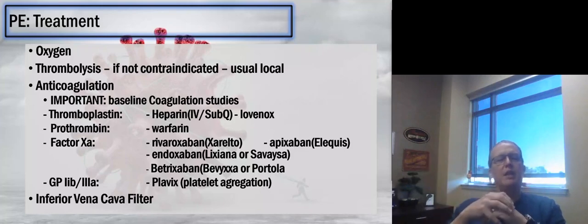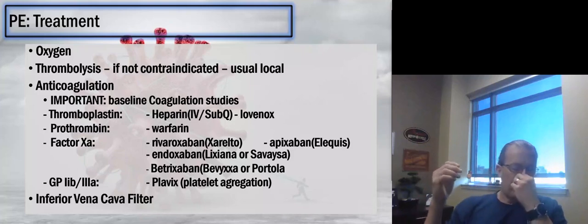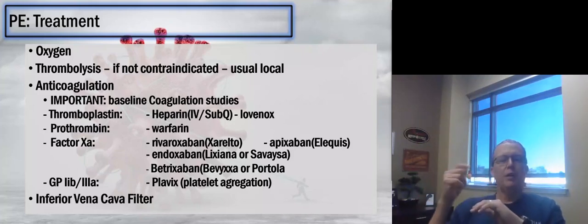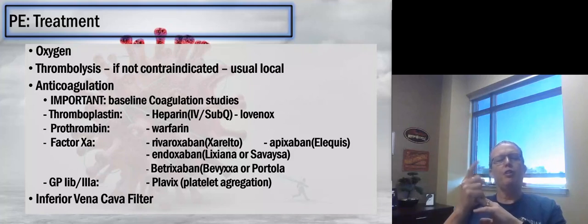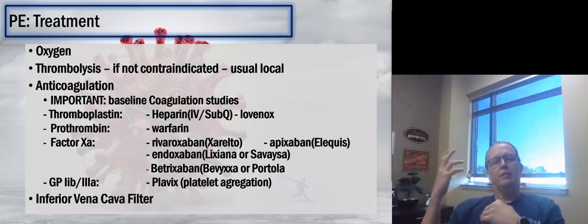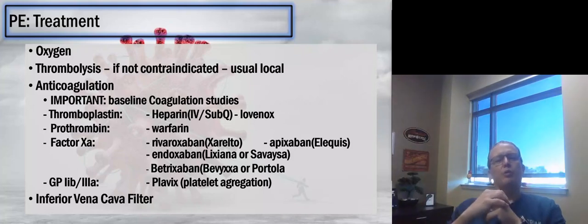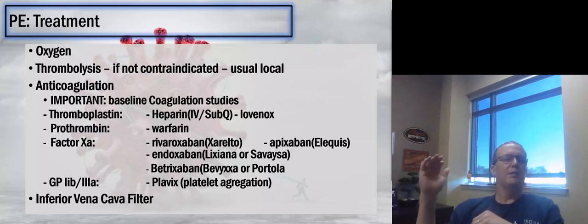And we'll measure anti-10A or 10A levels in the hospital to make sure that they're therapeutic. Those drugs, heparin and Lovenox, work on thromboplastin. That's why you will see things like a 10A performed, or you will see a partial thromboplastin time, PTT.